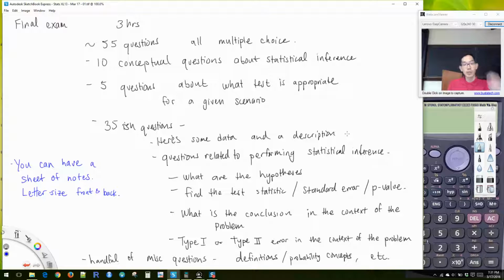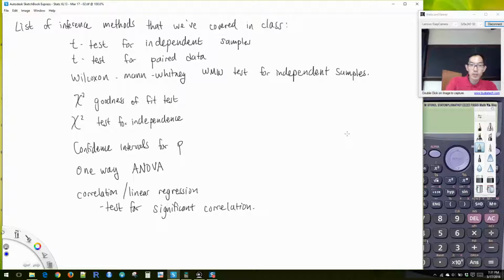I should add just plain old confidence intervals for mu, so CI for mu, and then CI for mu1 minus mu2. I know these two inference topics were covered prior to the midterm, so this would be covered in the field of inference.